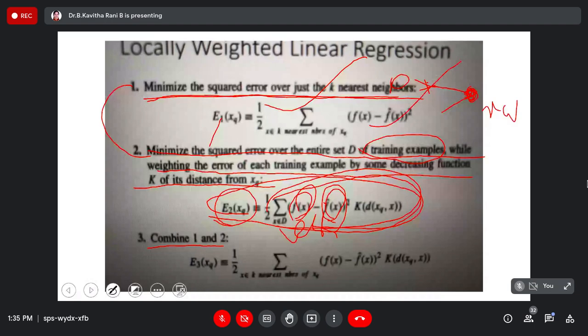Now what we are doing is combining this and this. Both we are combining here, and we are trying to give some weight to the k nearest neighbors. So listen carefully.